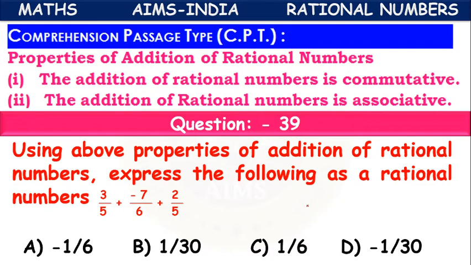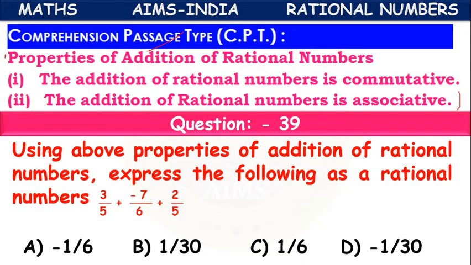Okay, children. Next, you will be having comprehension passage type questions. One small passage will be given, and relating to that, you will be asked 3 or 4 questions based upon the concept in the passage. According to that you have to give the answers.